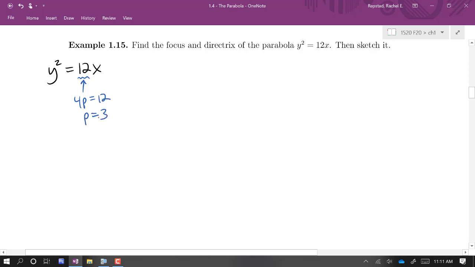If the value of p is positive, that means the focus has a positive x coordinate, and it opens to the right. So our focus is the point (3, 0), and that means the directrix is 3 units in the opposite direction. The directrix is the line x equals negative 3.